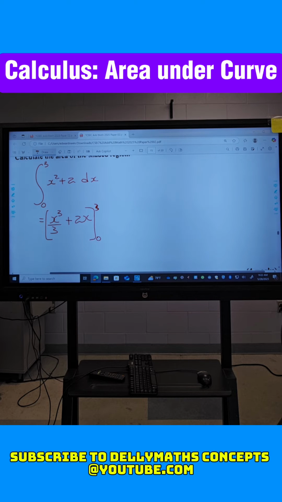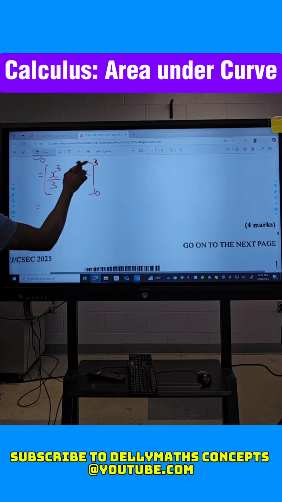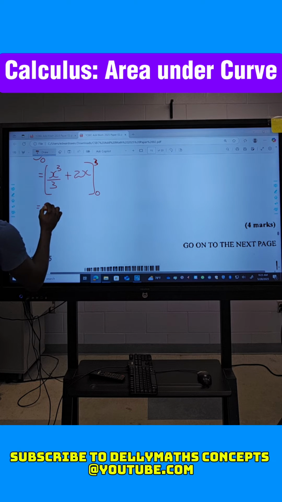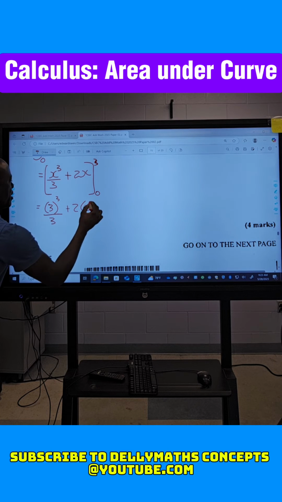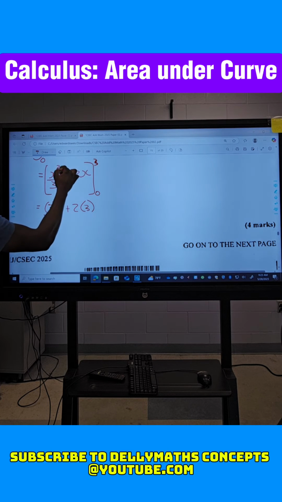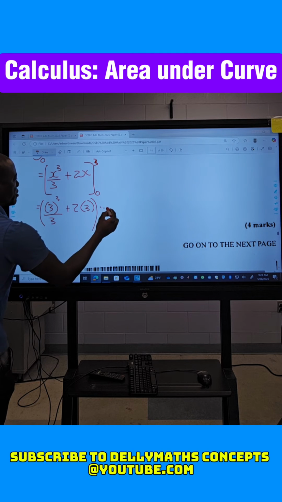So all we're going to do now is to substitute the upper limit first. So we're going to have 3 raised to the third over 3 plus 2 times 3. So that's me substituting 3 wherever the variable is. And what we're going to do is to subtract.